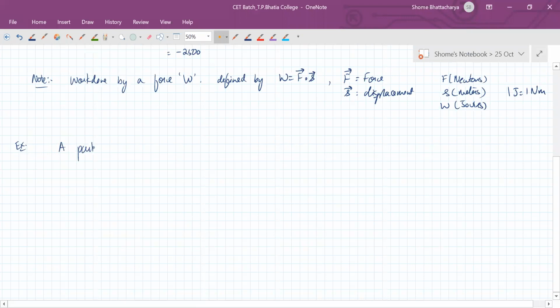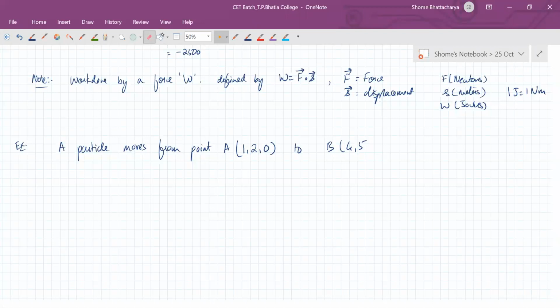So a particle moves from the point A, whose coordinates are given by this, to a point B, whose coordinates are given in the unit of meters.